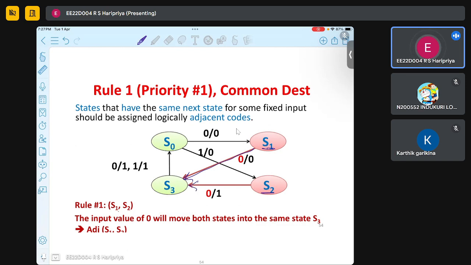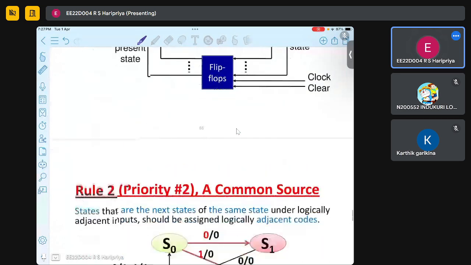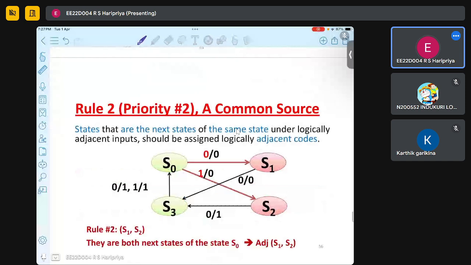So that means S1 and S2 are adjacent. And according to rule 2, with the 0 input it goes to this and 1 input goes to this. That means S1 and S2 are the next states of S0. So they are adjacent.